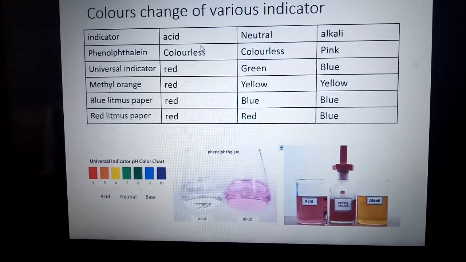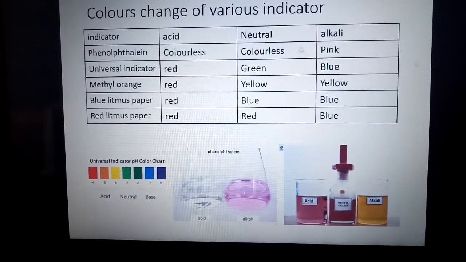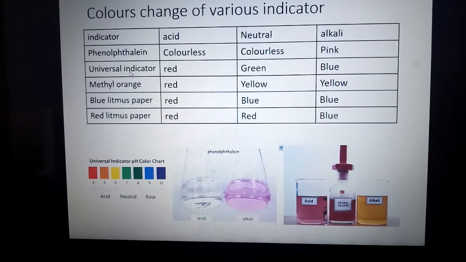Phenolphthalein: colorless in acid, colorless in neutral state, whereas for alkaline, pink. Universal indicator: for acid, it goes to red color, neutral green, alkaline from green to blue and then to purple color. So that's why we call it universal indicator.